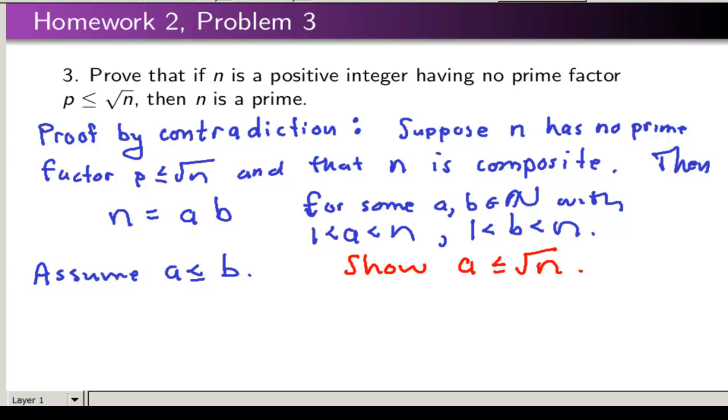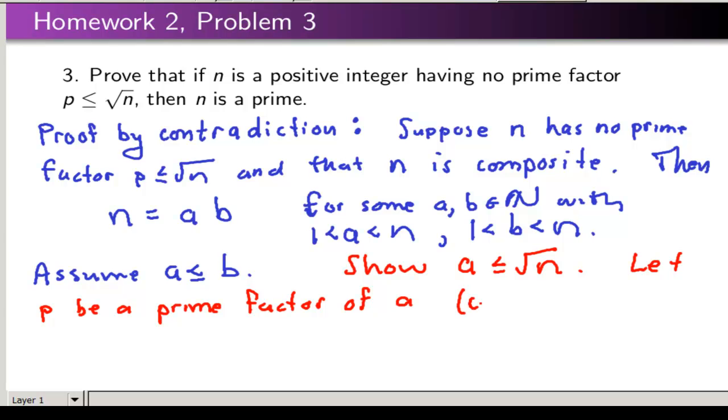Okay, and then knowing that a is at most the square root of n, what can you tell me about every prime factor of a? So let p be a prime factor of a. Now, why do you know that a will have a prime factor? Think about that for a second.